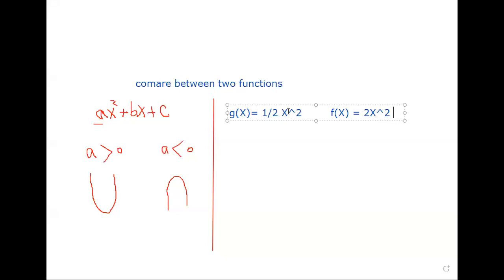Those two will have the same vertex, right? Yes. And they have the same axis of symmetry, right? But I'm searching for another point, because we said that we want to compare between the two functions.